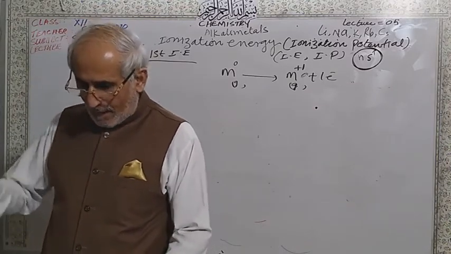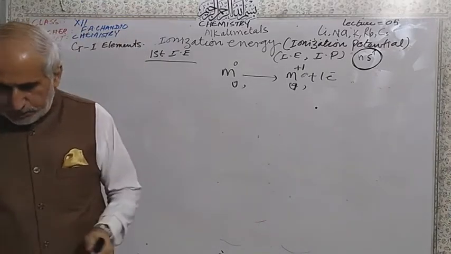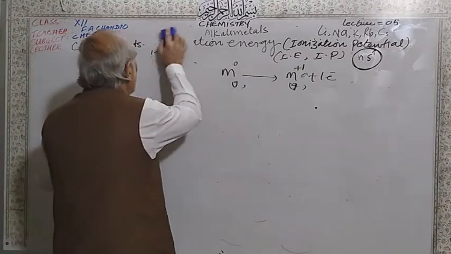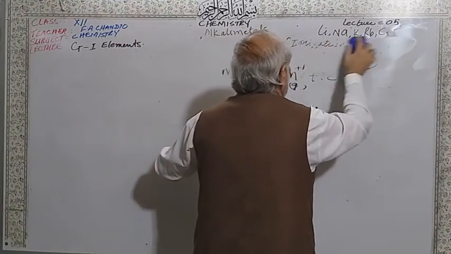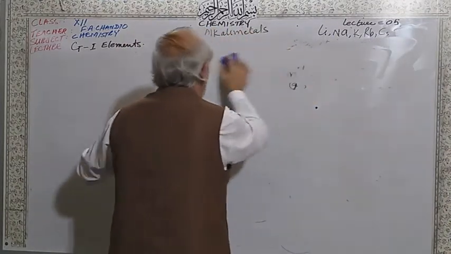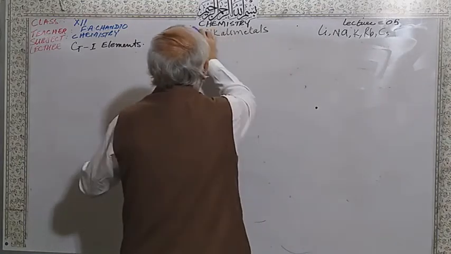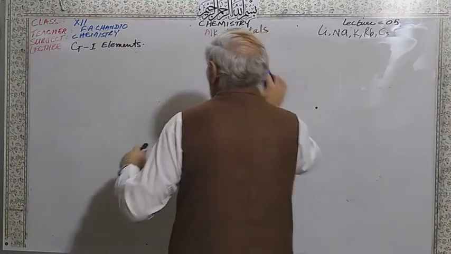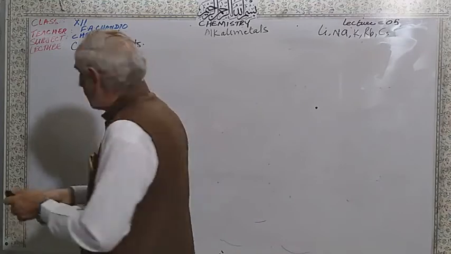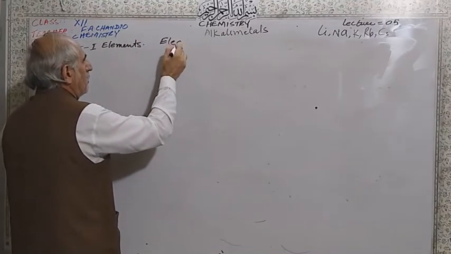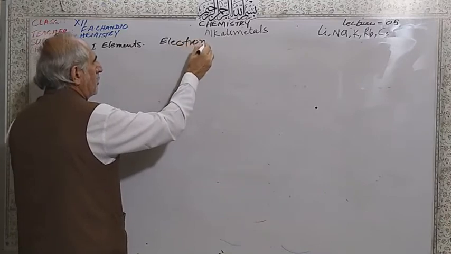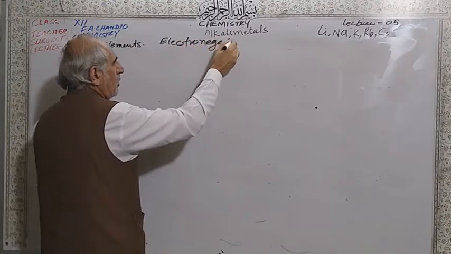If you see the graph, ionization energy slowly and gradually decreases from top to bottom. Alkali metals have very low ionization energy compared to the other groups of elements in the periodic table because they have only 1 electron in the valence shell. Due to the presence of 1 electron, it can be removed very easily.